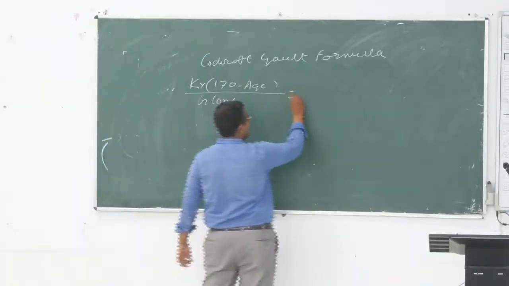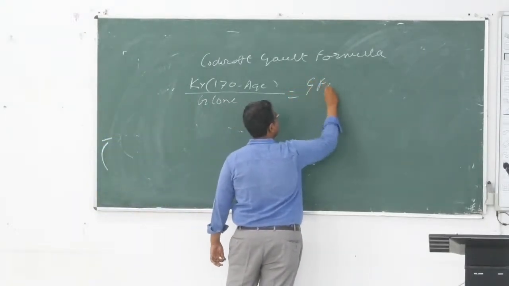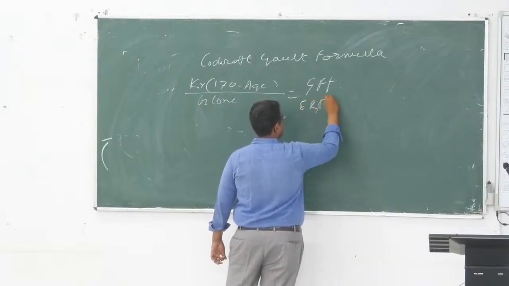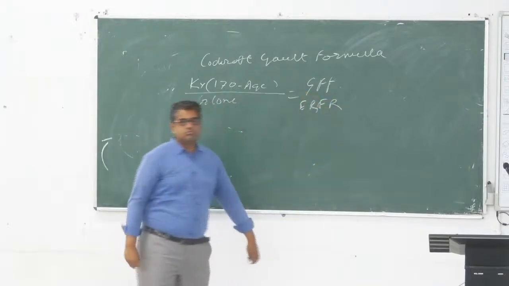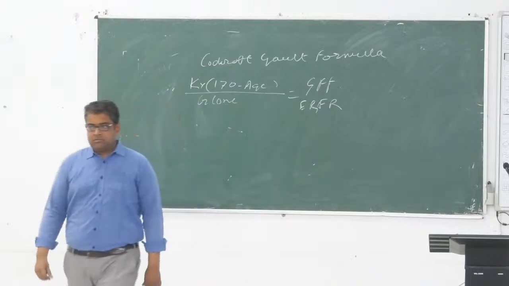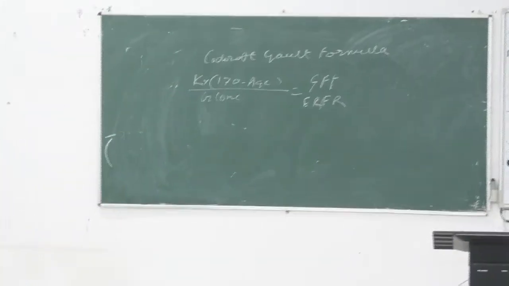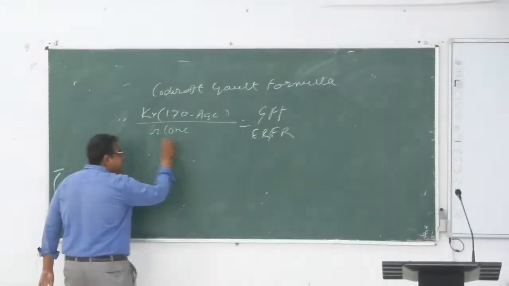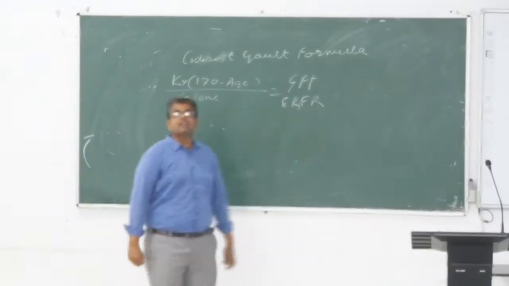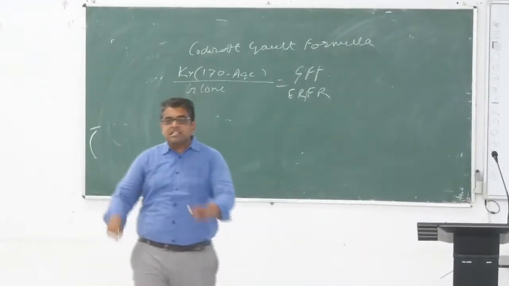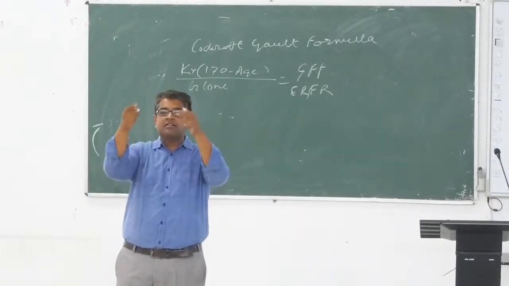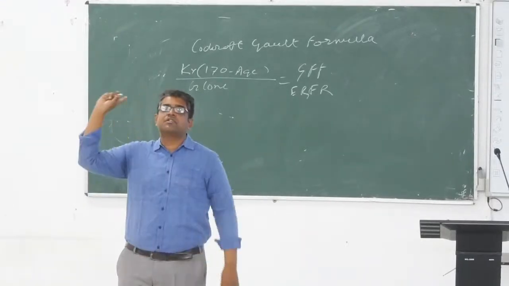This will give you an approximation of eGFR. So the eGFR is inversely proportional to the creatinine concentration. That is, if the creatinine concentration increases, that means there is accumulation of waste.